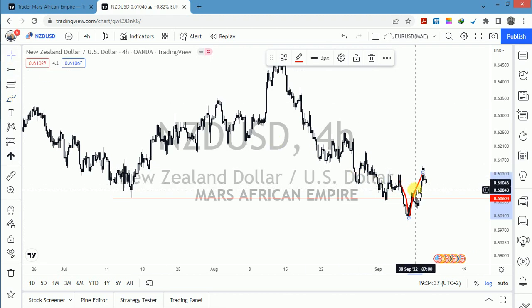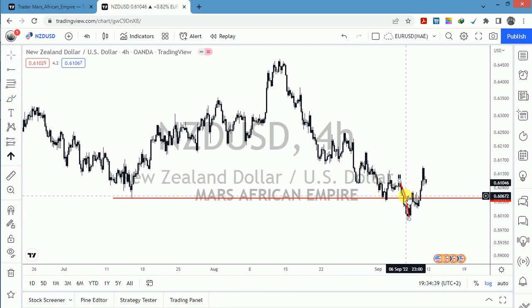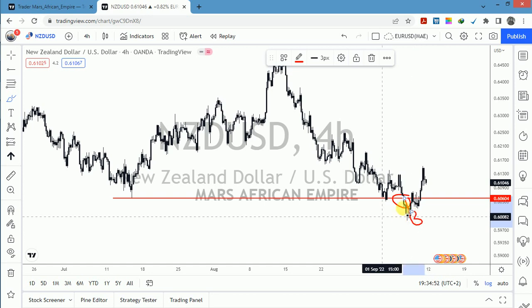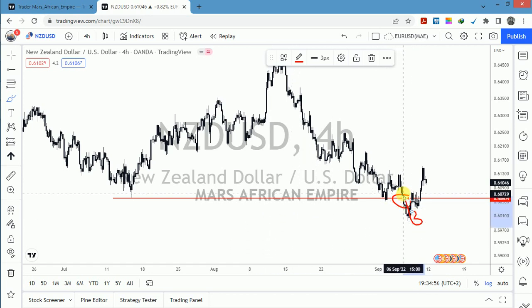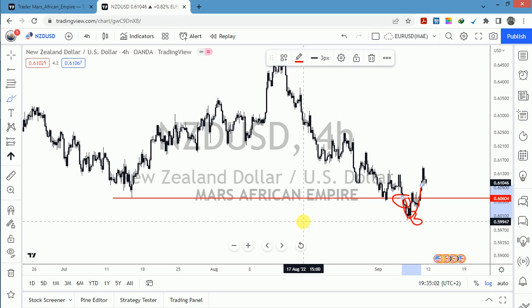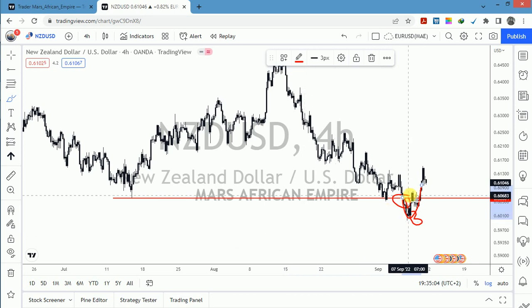So how you trade that setup is that once we have a breakout of that demand zone, you are going to wait for price to do whatever it does below that demand zone, and then wait for price to come back and break the same demand zone, bullish in that case.